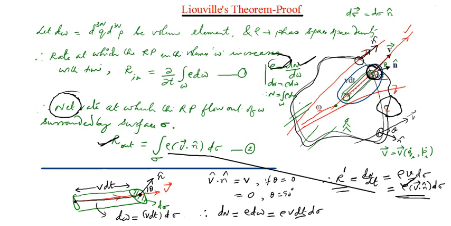Since sigma, the surface area, is enclosing the volume omega here, you can convert equation number 2 into a volume integral. Let's see how to do that.